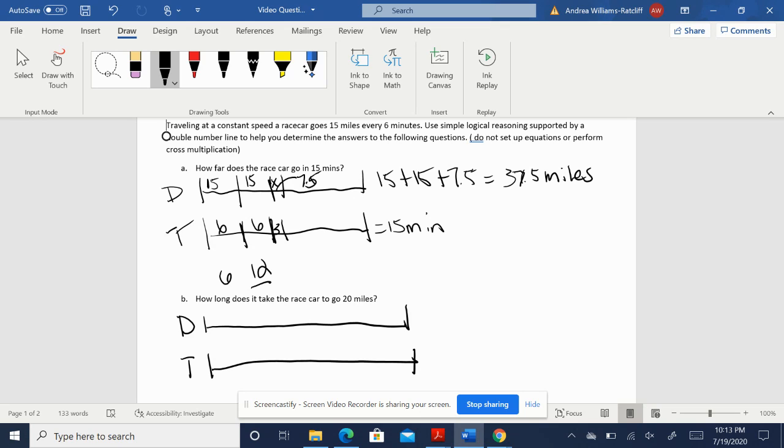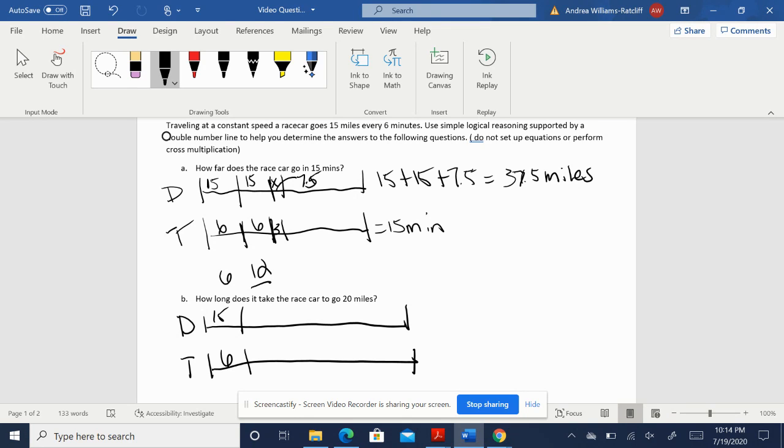How long does it take to go 20 miles? Starting off, I know that I can work in 15-mile intervals. So 15 miles, of course, is going to take me 6 minutes. So far, I've got my car, I drove it 15 miles, and it took 6 minutes.